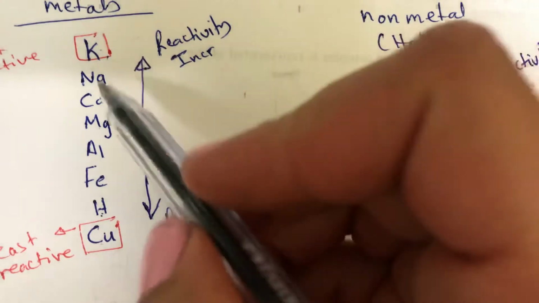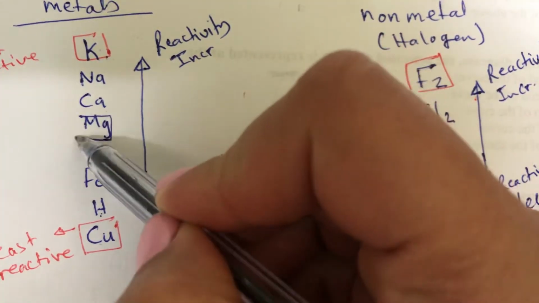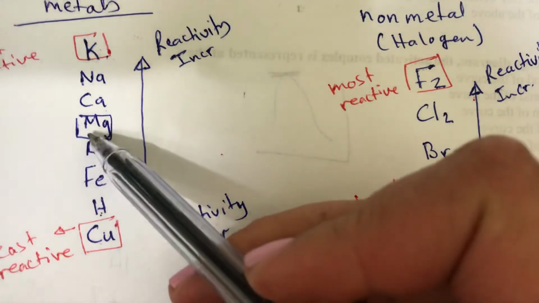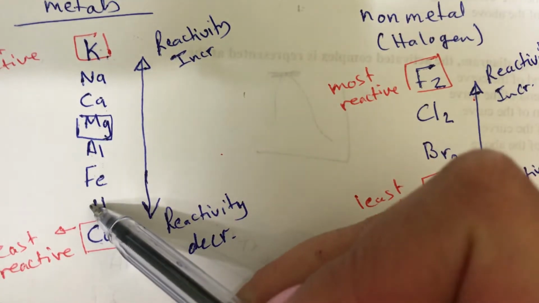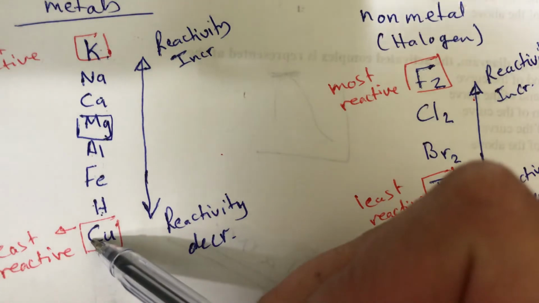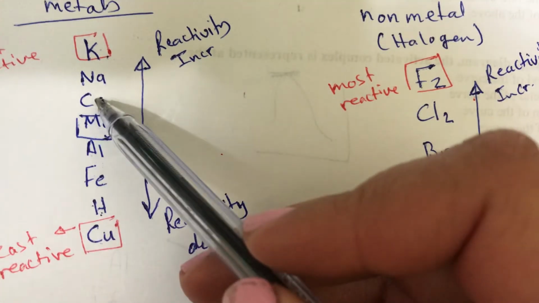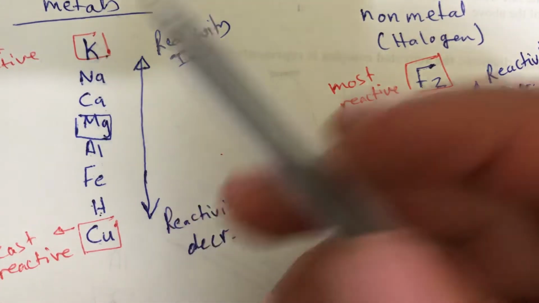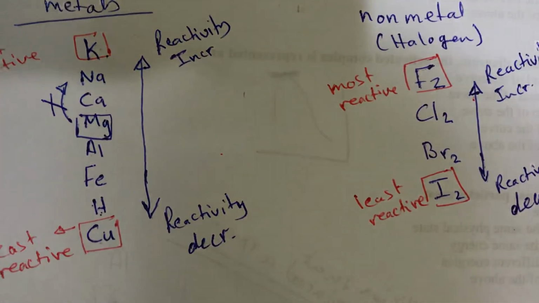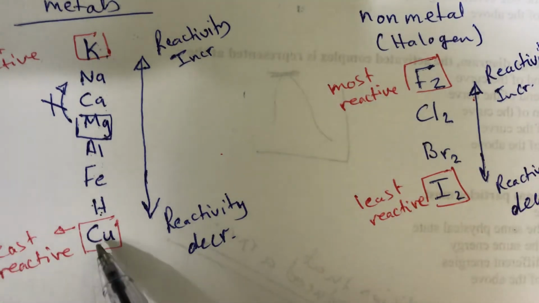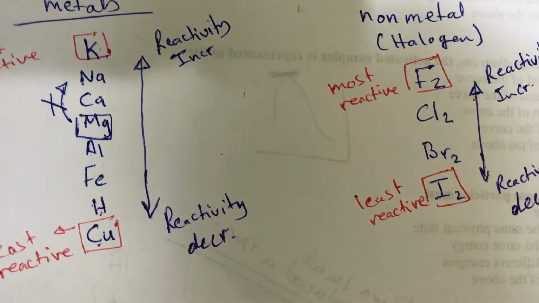So for example, magnesium. Magnesium can replace aluminum, iron, hydrogen from water or acid, and copper, but can't replace calcium, sodium, and potassium. For example, copper can't replace hydrogen from water or acid.